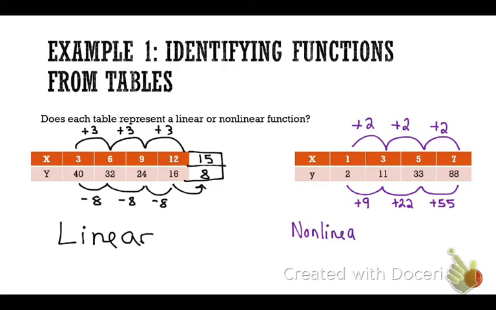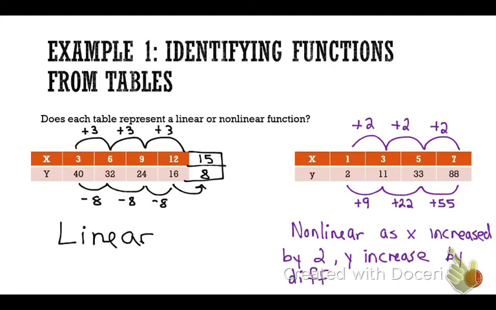Here's your explain, and here's what you would write on a homework assignment. As x increases by 2, y increases by different amounts. Because it's different amounts, it's nonlinear.